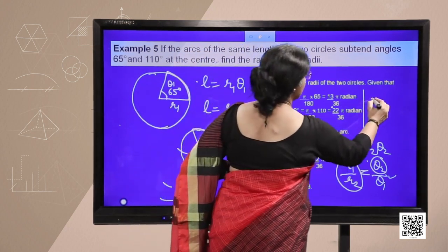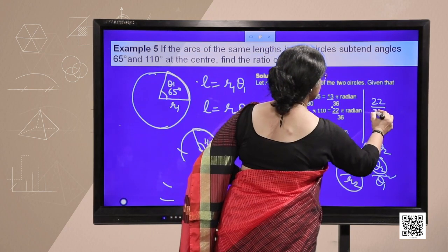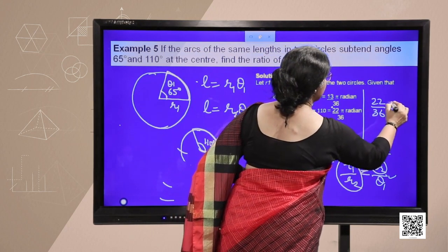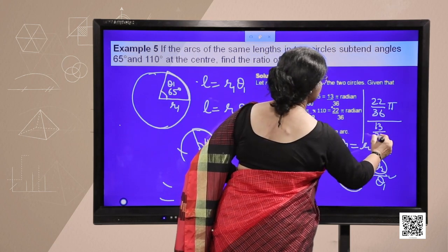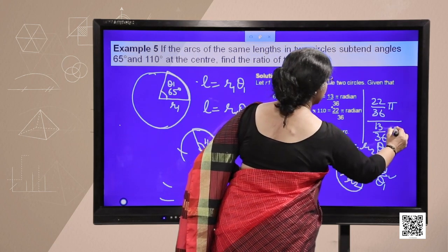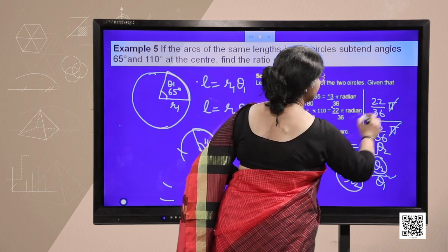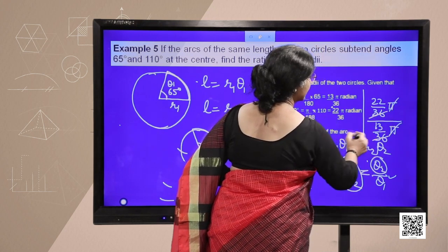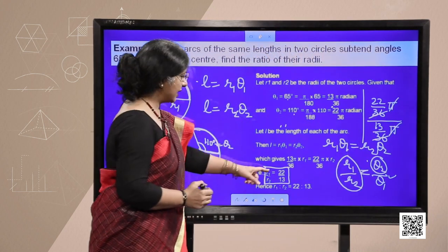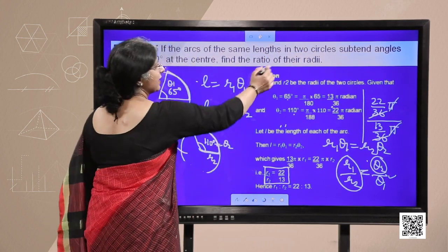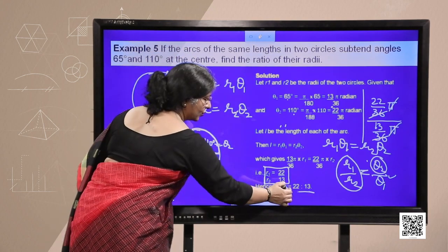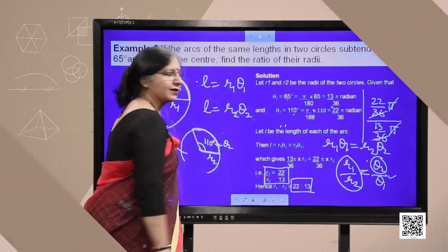This theta 2 in the numerator and theta 1 in the denominator. Pi will cancel out. 36 will also cancel out. What do we get? We get 22 upon 13. So, the ratio of their radii is 22 is to 13.